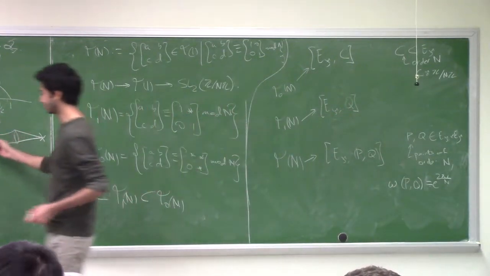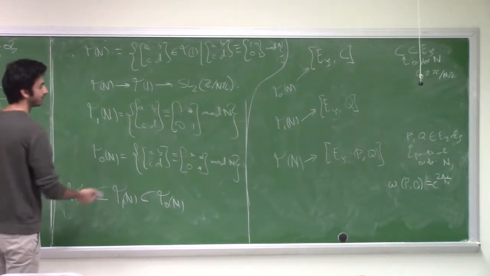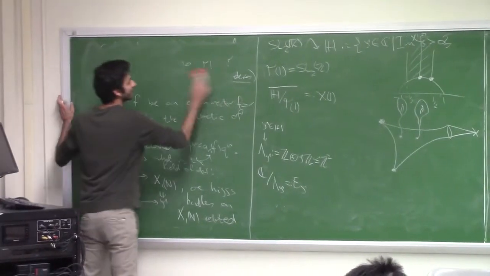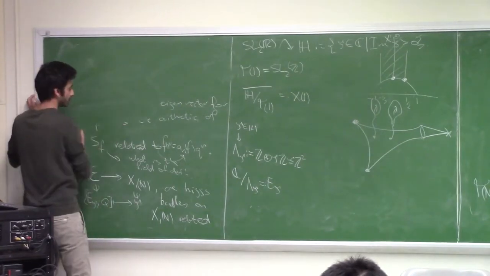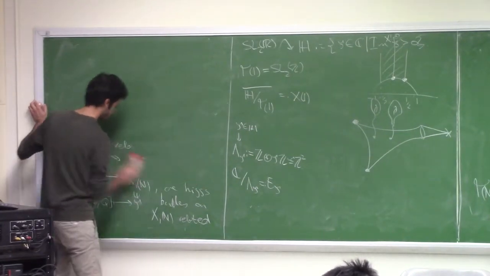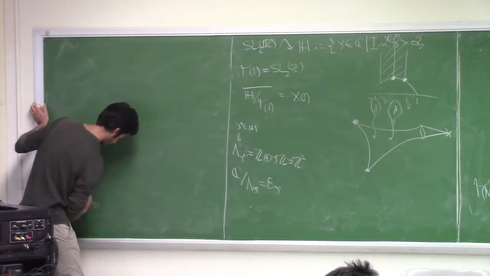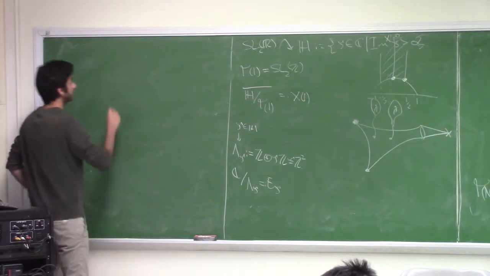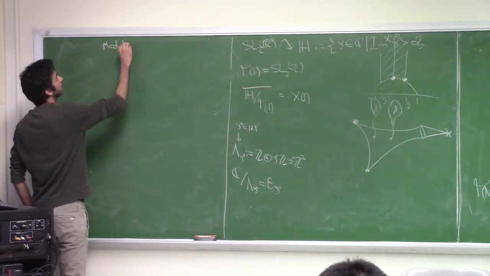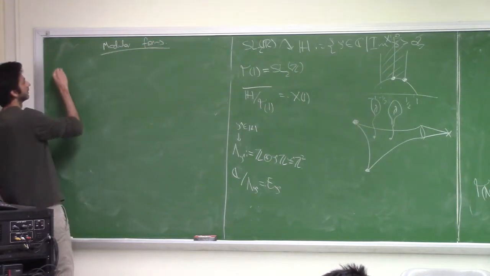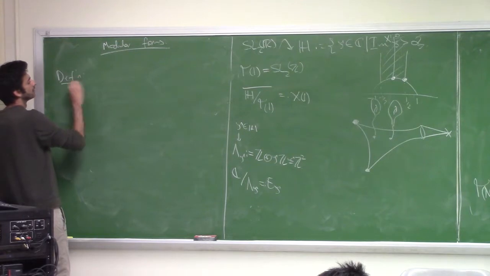Again, this is the easiest one to work with, but this gives you more examples, and they're necessary. Modular forms, that's the big thing. So let's make a definition.